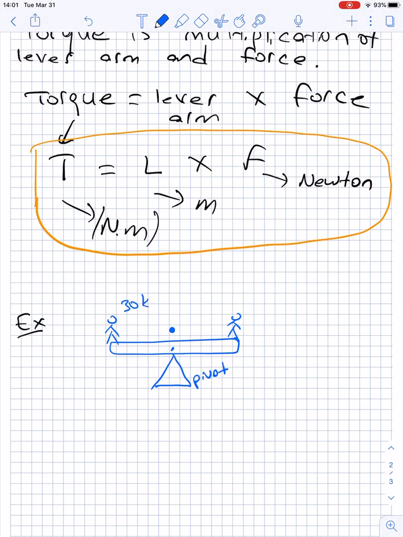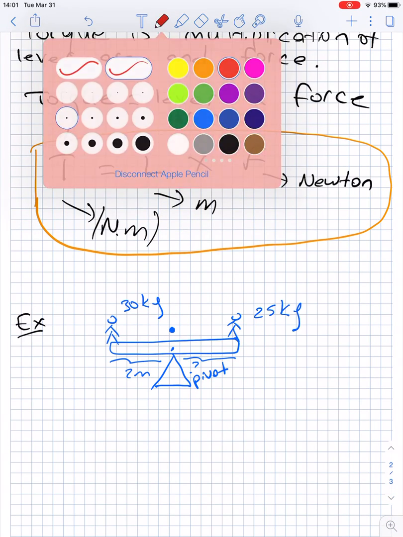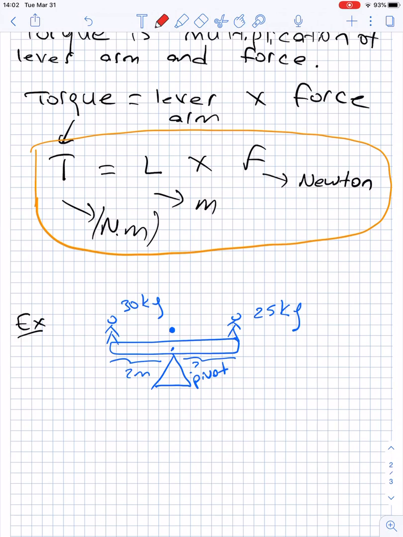First boy, for example, is 30 kilograms. Second boy is 25 kilograms. The distance between the first boy and the turning point is 2 meters, but the distance between the turning point and the second boy we don't know. It is a question mark. I am asking. Okay, when we solve questions like these, how can we solve? We have to use torque formulas. First side torque is equal to second side torque.